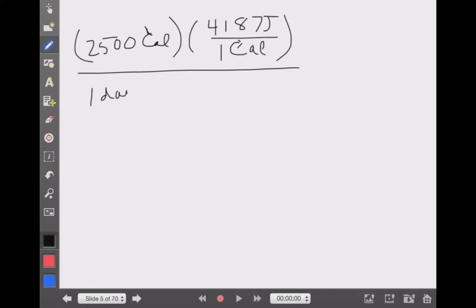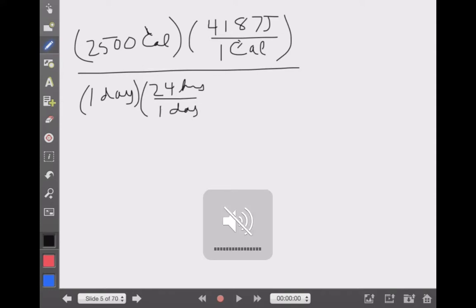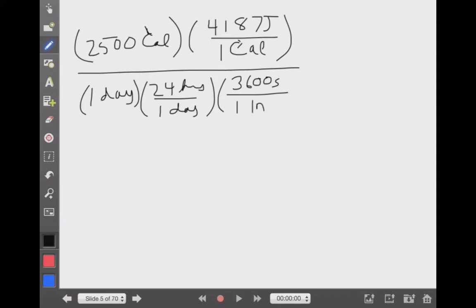Because we eat that in about 1 day, we can then convert that into seconds by 24 hours divided by 1 day, and we have 3,600 seconds in 1 hour. And we can see that the hours are going to cancel, the days are going to cancel, and the calories are going to cancel.